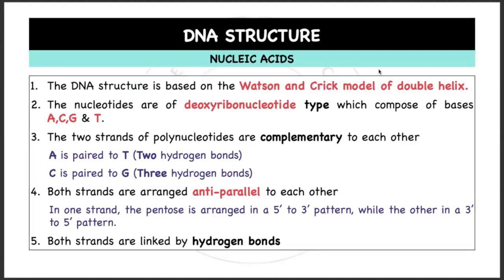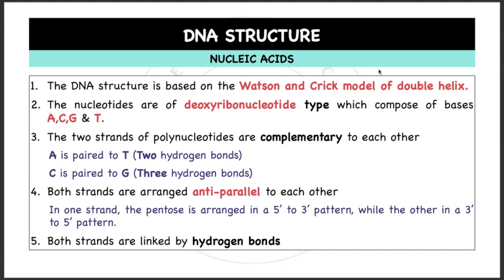The nucleotides are of deoxyribonucleotide type, which are composed of bases A, C, G, and T. A is for adenine, C for cytosine, G for guanine, and T for thymine. Now, if you want to know more about the bases and also the difference between the pentose sugar, that's how you differentiate between DNA and RNA, you can check out my previous video on this topic.